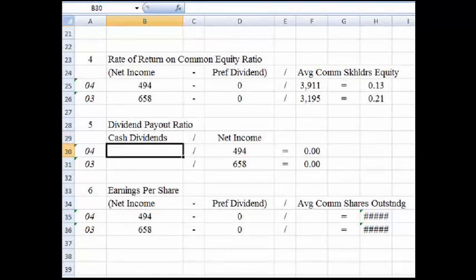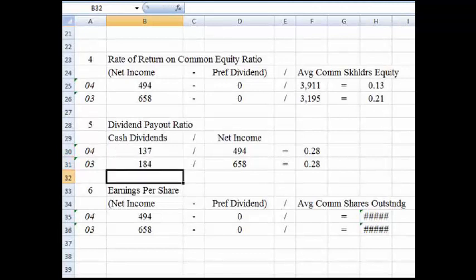For 2004, it was $137,000. For 2003, it was $184,000. Since the net income has already been carried down, the answer for both years here is 0.28 or 28%. I would venture to say that any retiree owning this stock would be happy to see such a regular payout.